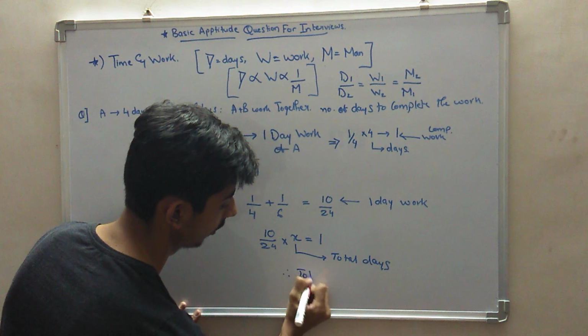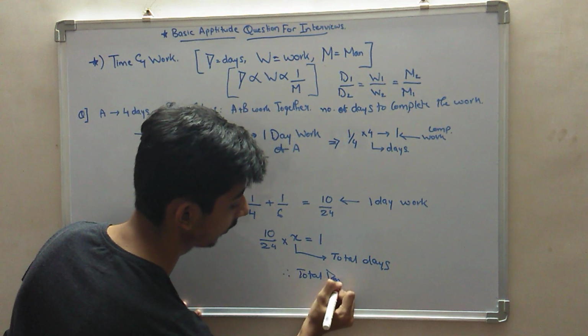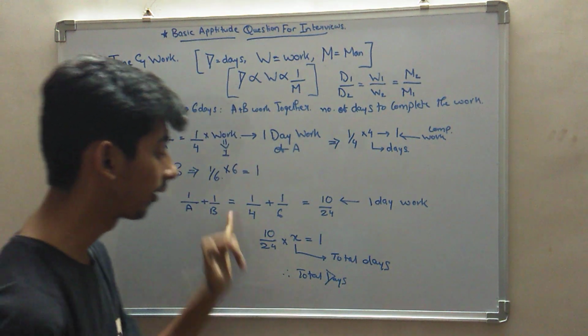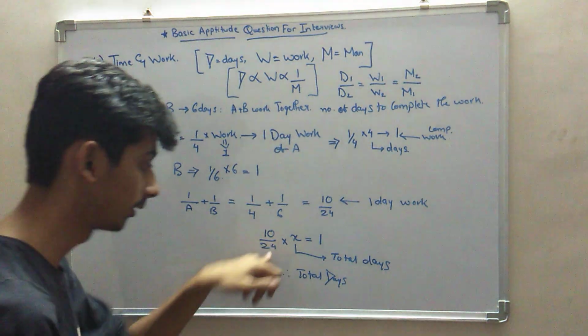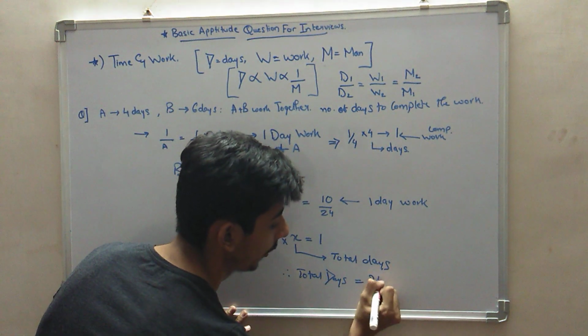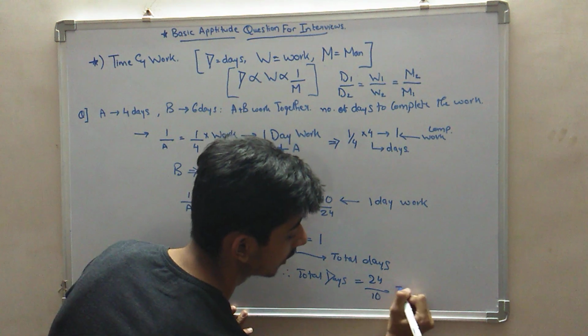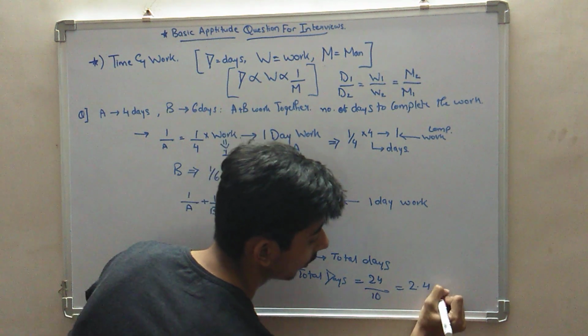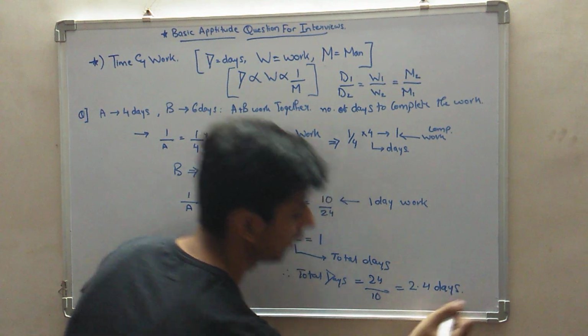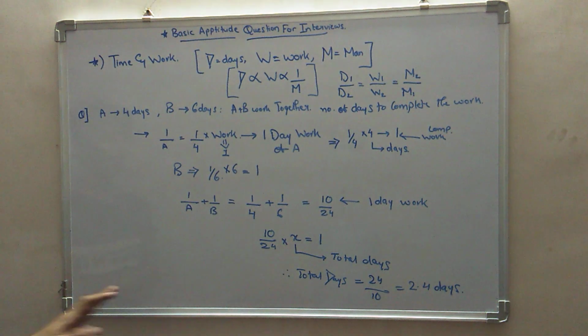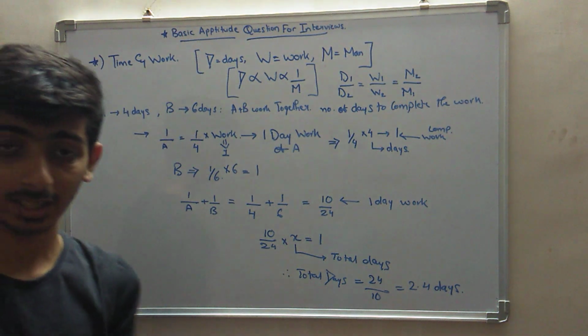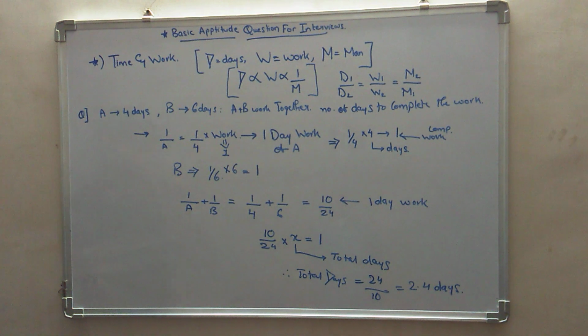Therefore, total days is simply the reciprocal of this, which is 24 by 10, which is equal to 2.4 days. Simple. This is how simple a question is asked of two persons doing a similar work, and when they work together, this is how it is to be solved.